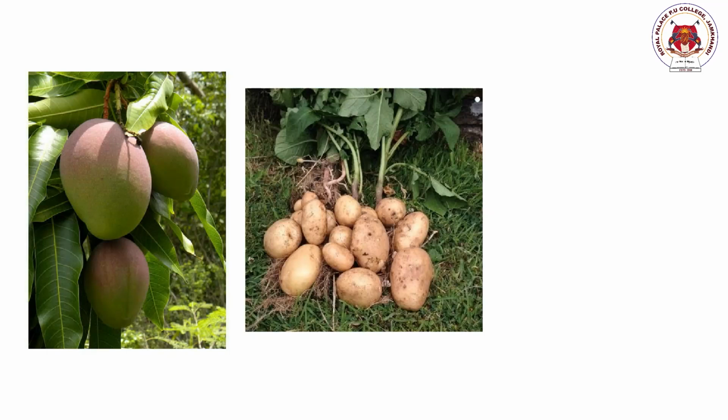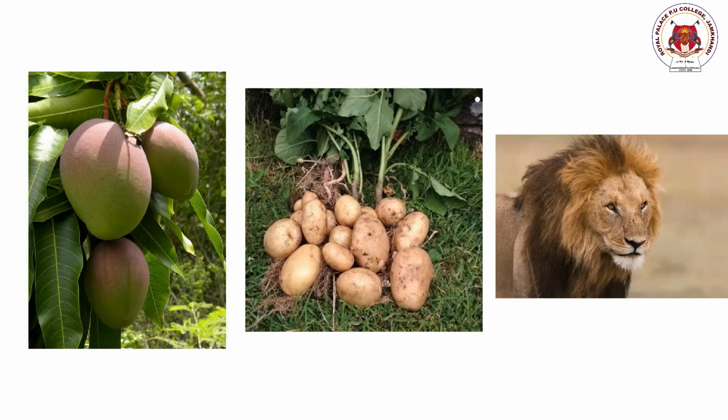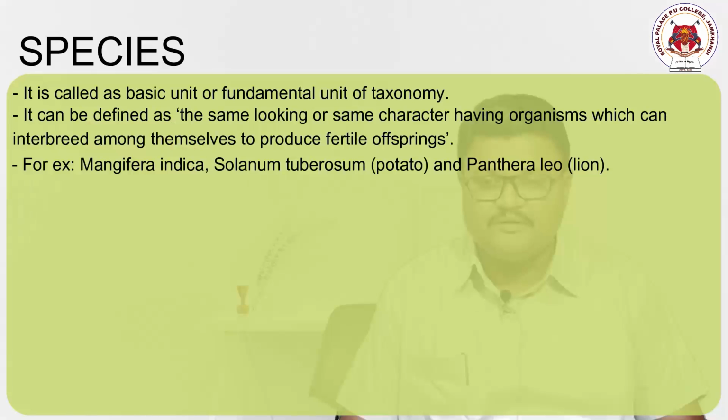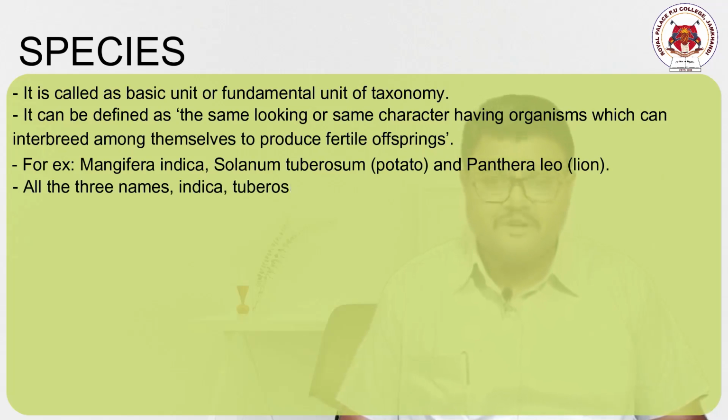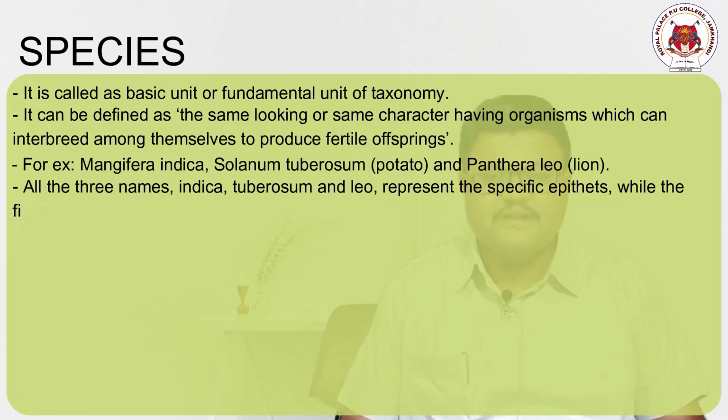Example 2: Solanum tuberosum for potato. Example 3: Panthera leo for lion. So the 3 examples are mango, potato and lion. All these 3 names contain 2 words.